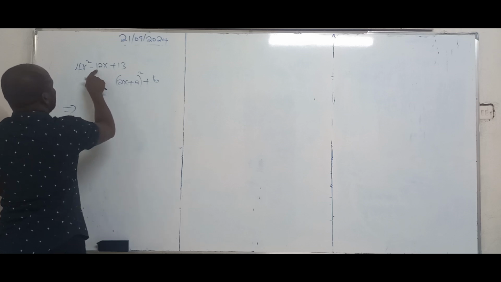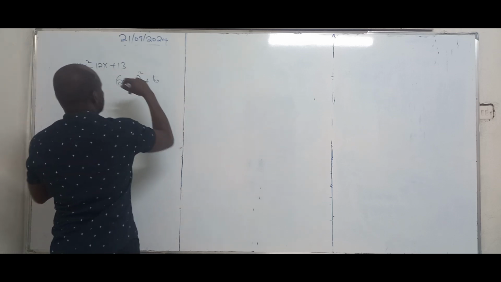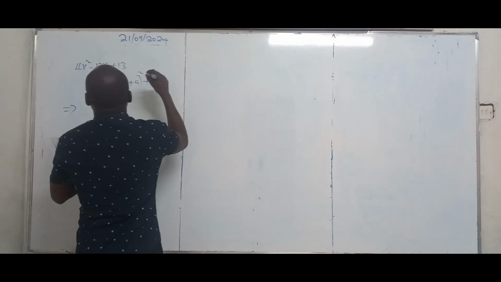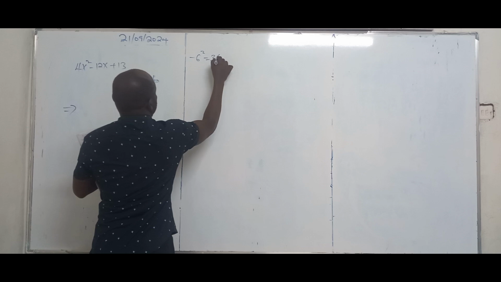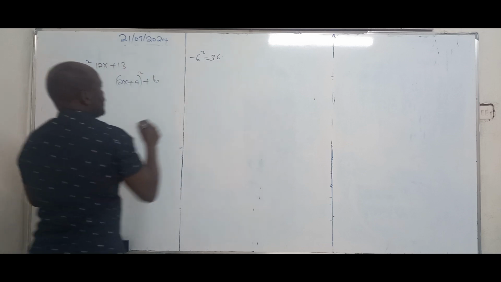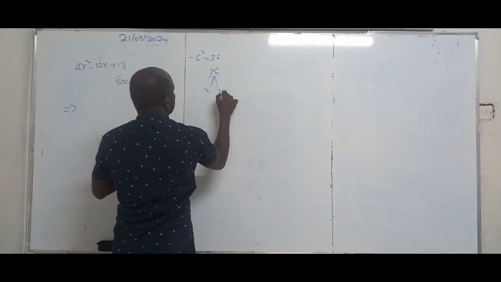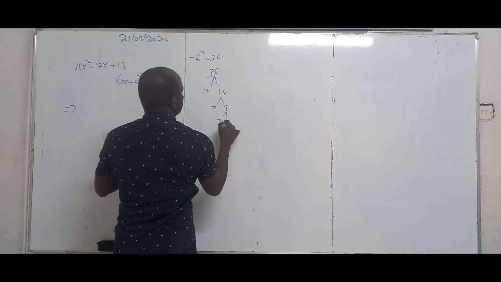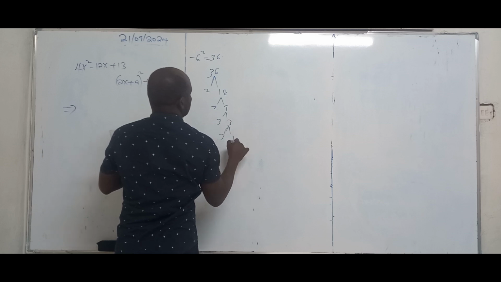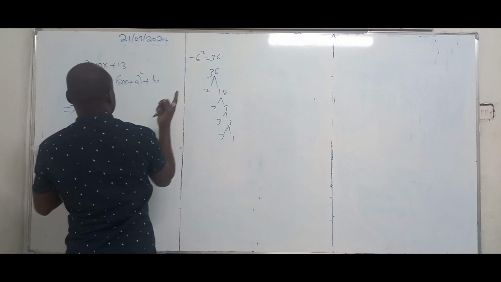We take half of this, which is minus 6, using the concept of completing the square. So we say minus 6 squared gives me 36. Now 36 is 4 times 9.